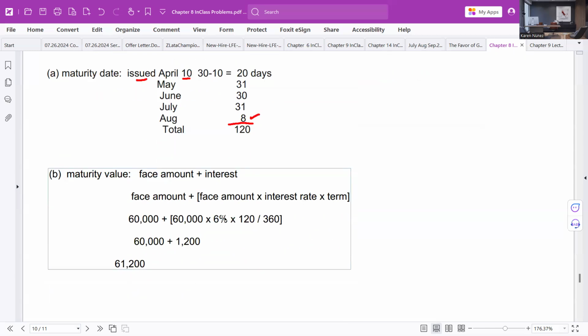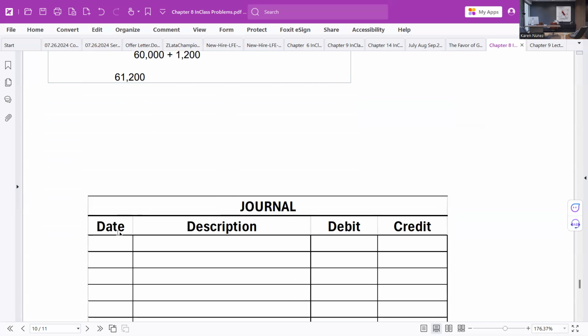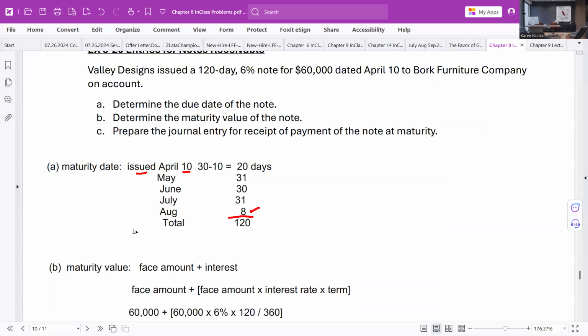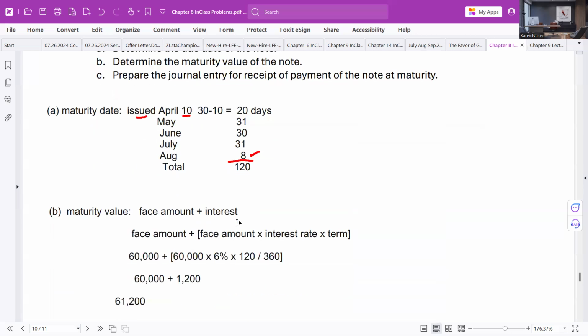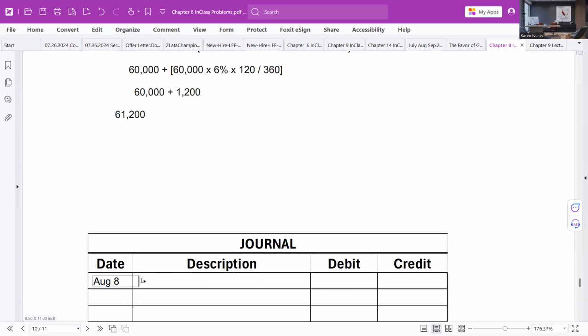And then if we want to record the collection of that note, all we need here is the date, August 8th. On August 8th, we want to show the collection of that maturity value, 61,200.